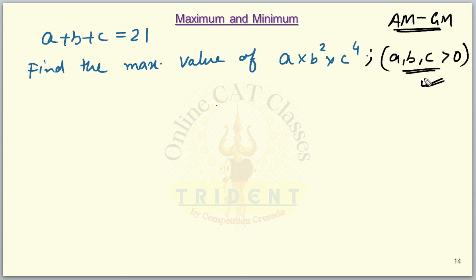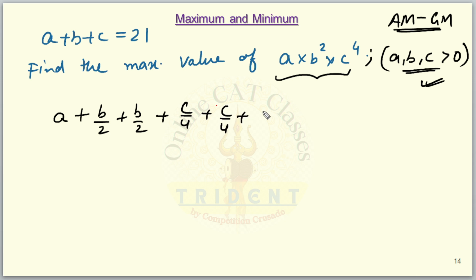So yes, AM-GM inequality is there, but then can we solve it through logic? Let's try to do that. Okay. Now see, A, B and C can be split like A plus B by 2 plus B by 2 plus C by 4 plus C by 4 plus C by 4 plus C by 4. Why is it that I'm splitting A, B and C into numbers like this?